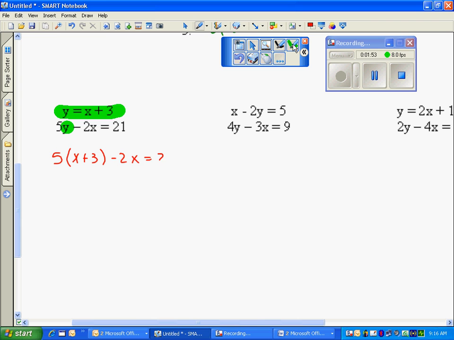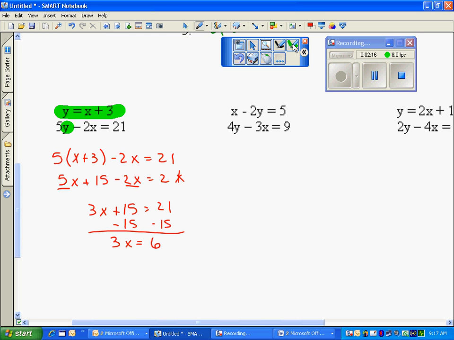Now we have one variable in the equation, so we can distribute the 5, gather my common variable x, and now we have a two-step equation. That two-step would be first to subtract 15 from the 21. In doing so, you get 6. Solving for x, x looks like it should be 2.